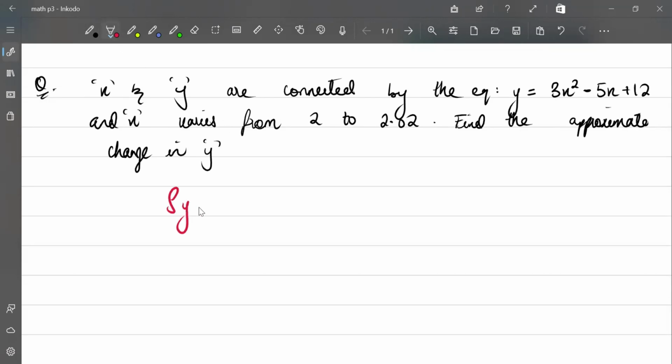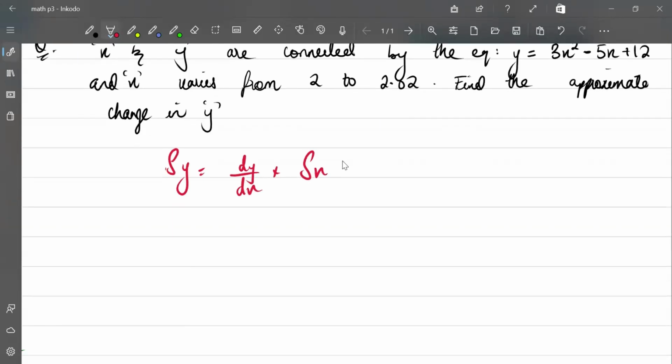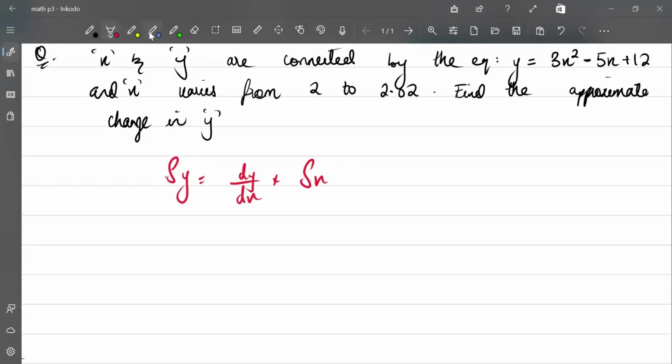So we know the formula. The formula is small change in y is equal to dy over dx into small change in x, right? The formula we just learned. So let's just apply this formula. So let's first calculate dy over dx. We know that y is 3x square minus 5x plus 12.